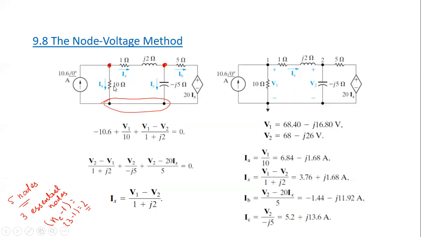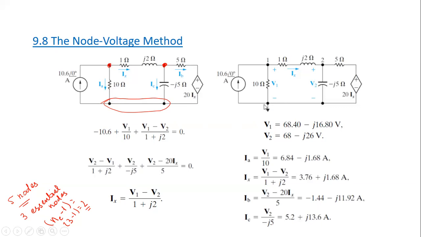So here we have 1, 2, 3, 4. So it is preferable to select this node to be the reference. Of course, you can select any other node, it's fine, but in order to minimize the number of calculations, it is preferable to choose this node.